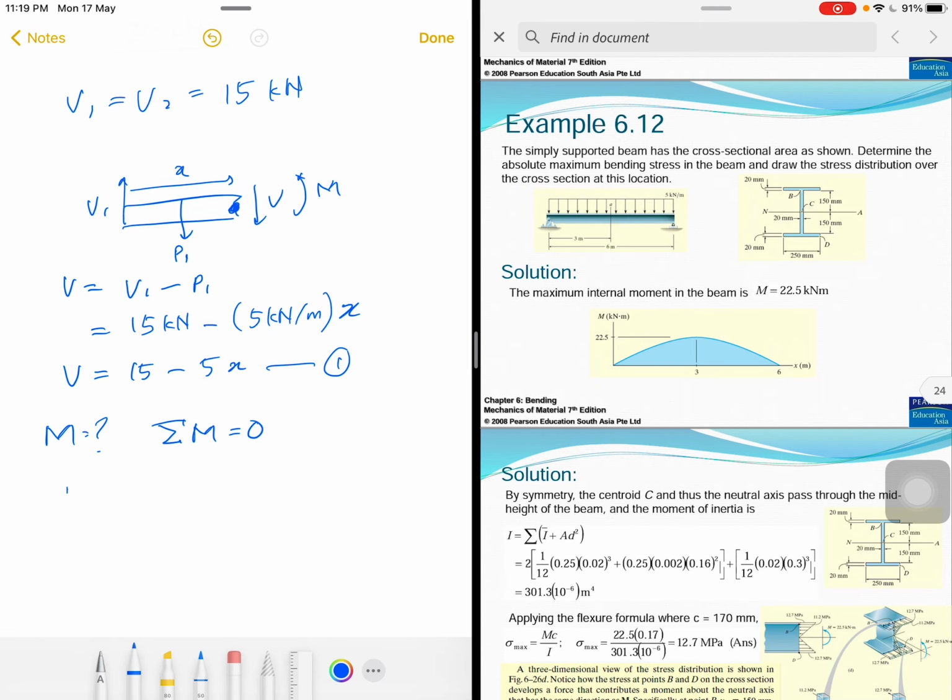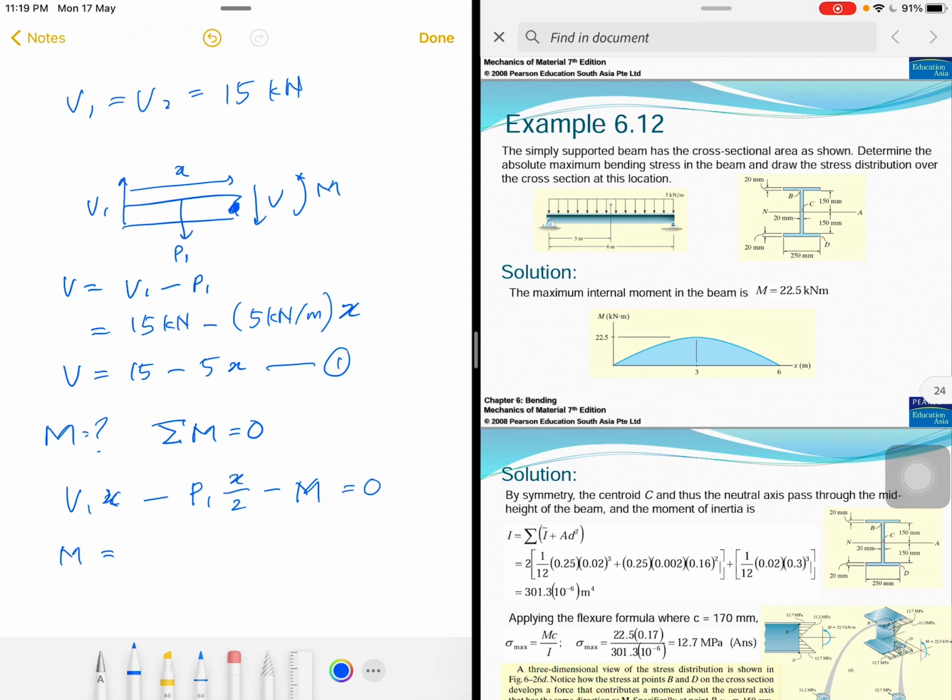So V1 X minus P1 X over 2. Okay, and then this is clockwise, this is anti-clockwise, and this is anti-clockwise. So minus M equal to 0.